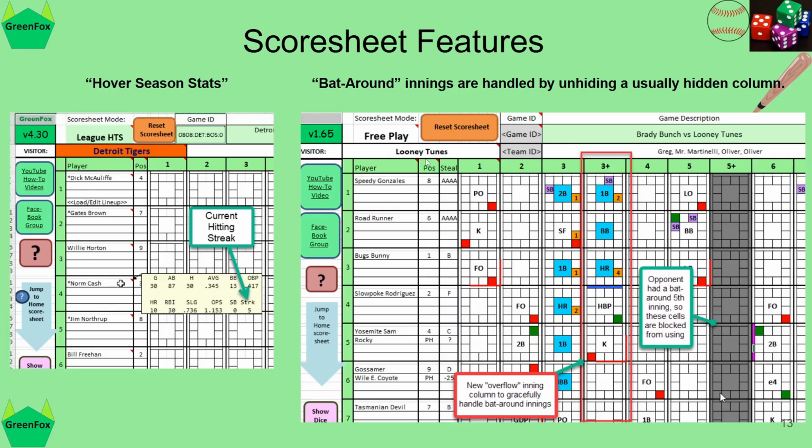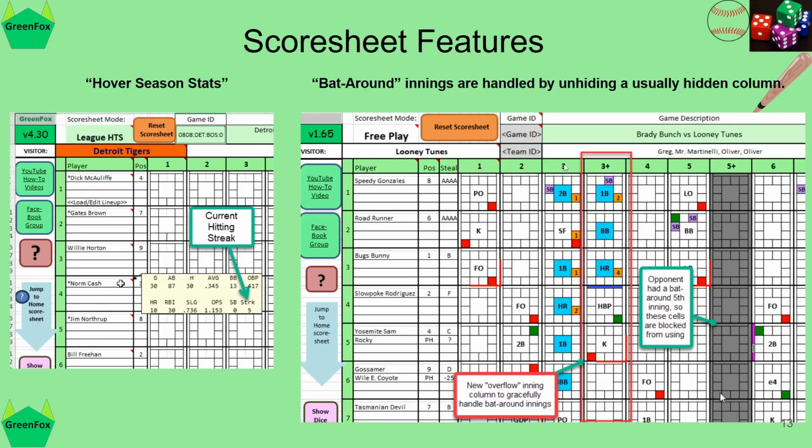Another feature is the special bat around inning, which is when you have more than 9 batters bat in an inning. That's always extra excitement on your score sheet, depending on how you do it. But in the GreenFox, each inning has an overflow column next to it that's typically hidden, but you can reveal it when you need it if you bat around.